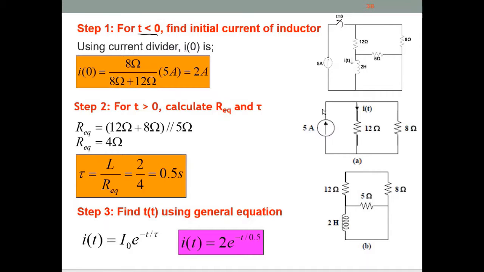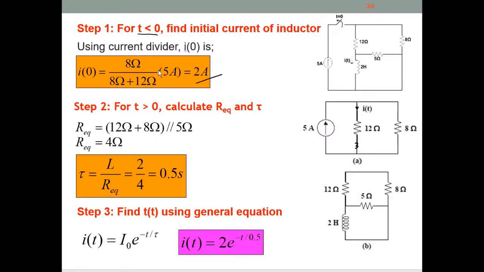We just need to find I naught, which stands for the current that flows through this inductor. This is the inductor. We don't need to draw the inductor, just find I naught. Based on these circuits, we can use current divider to find IT, and we get 2 ampere.